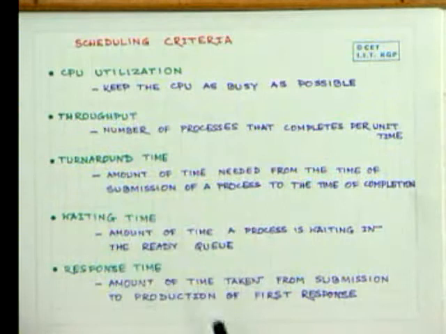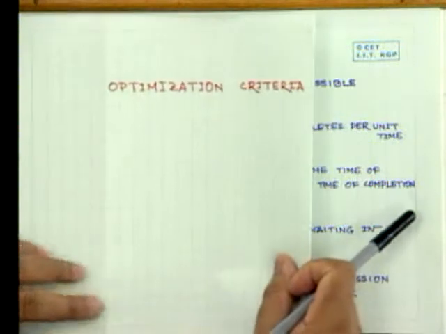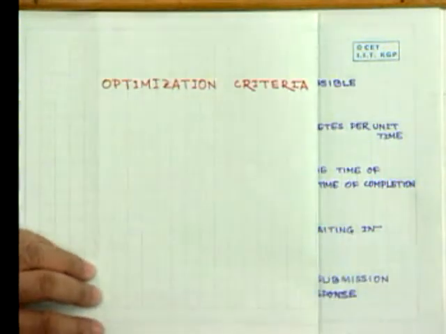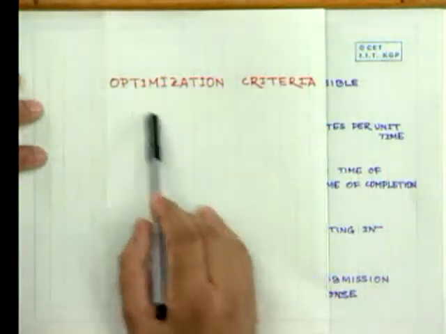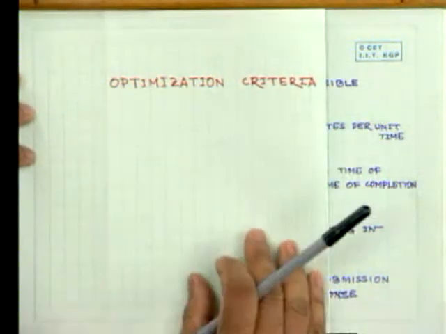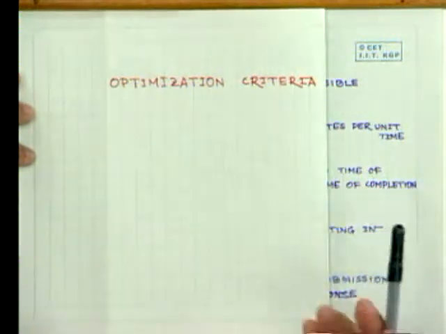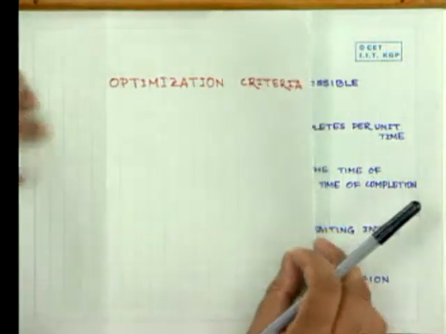These are the criteria that have to be taken into consideration by the algorithm. When we say the algorithm is doing a job, that means the algorithm has to select one process. We have to say what the optimization criteria are, that means which one we should maximize and which one we should minimize.